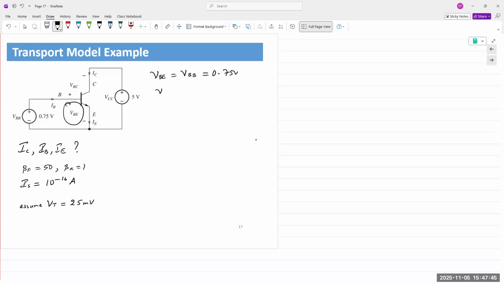And the only thing that remains is to find VBC. So what is the base to collector voltage, VBC? Anyone?